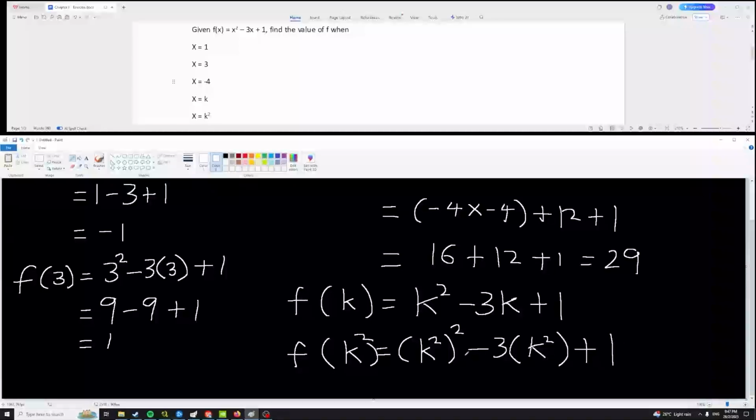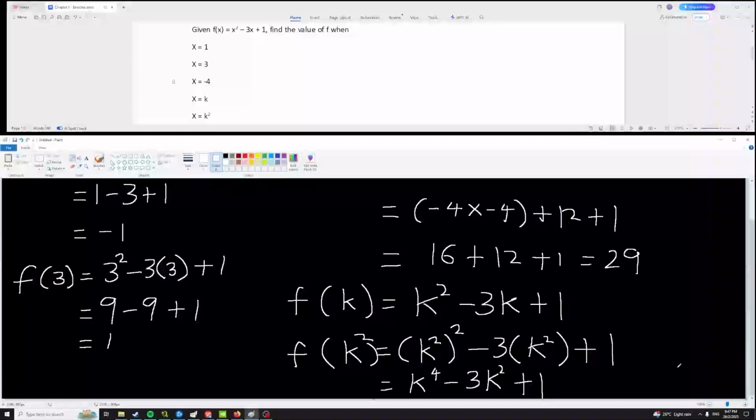So 2 multiplied by 2 is 4, negative 3 k to the power 2, plus 1. Okay, so that is the answer.